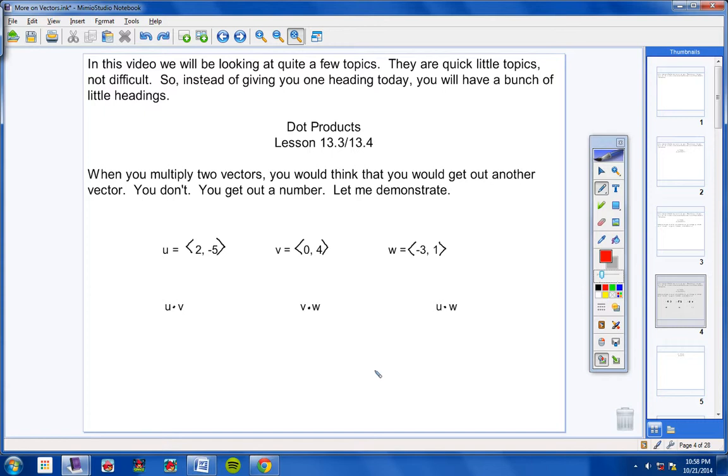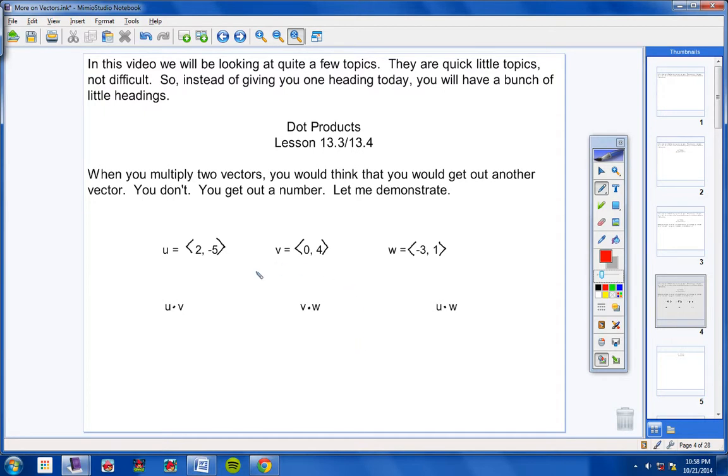We took like 2u. That's true, but that's not a vector times a vector. That's a scalar, what we call that number. It's a scalar times a vector, and when you do that, you do get out another vector. But in this case, we're multiplying two vectors times each other, and we call this the dot product.